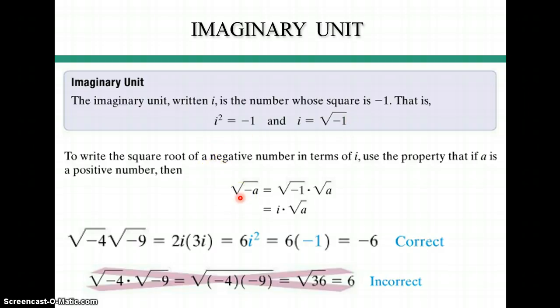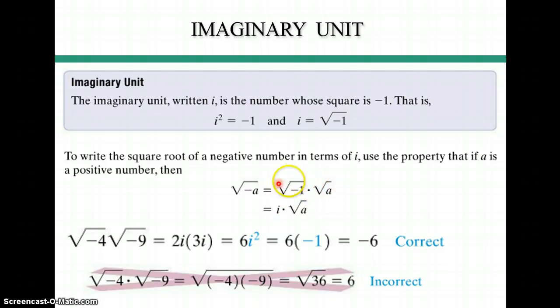To find the square root of a negative number, let us express the square root of negative a equal to the square root of negative 1 times the square root of a.